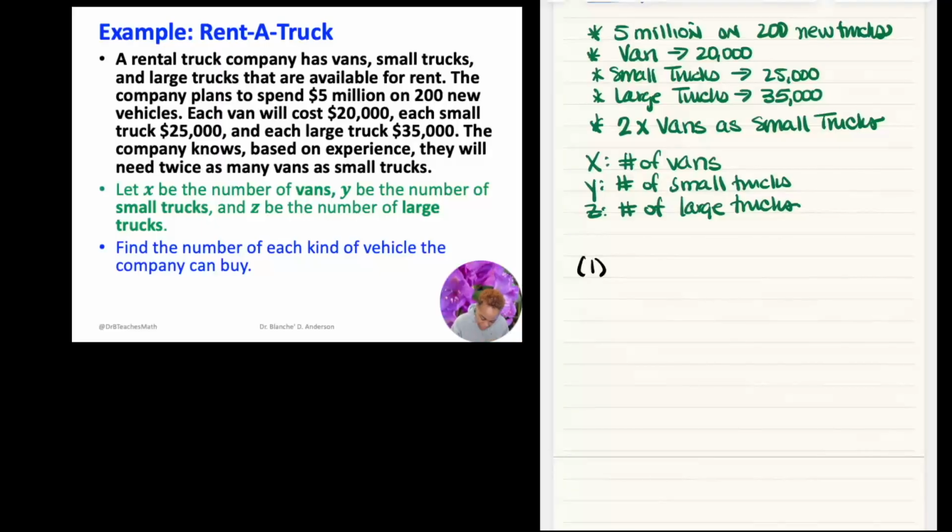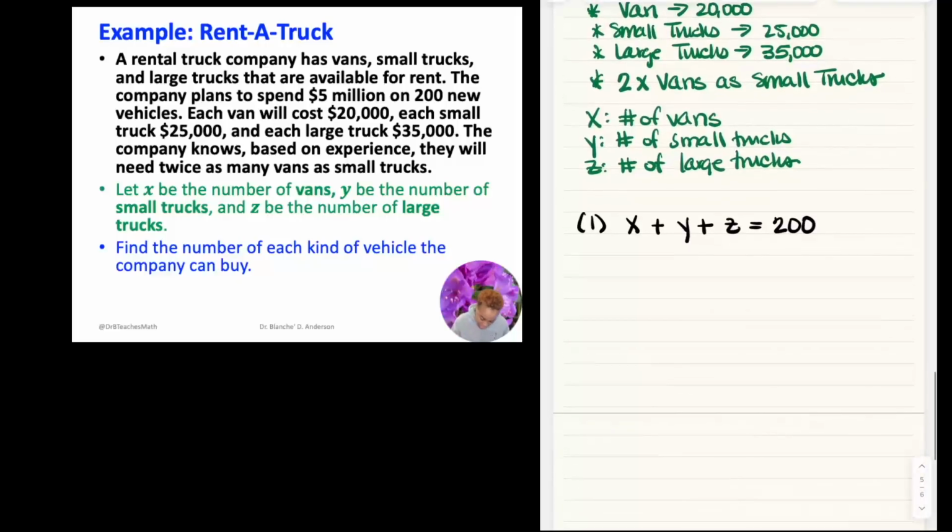So let's look at this one first. The number of vans plus the number of small trucks plus the number of large trucks is 200, because that's how many they're going to buy. So that's one equation.